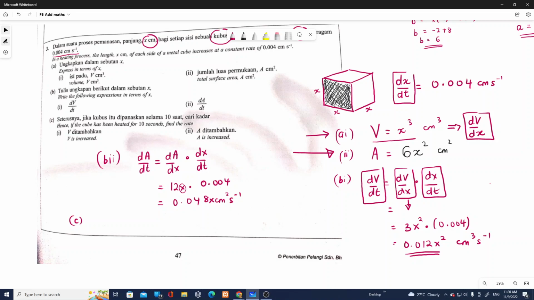Okay, do you know how to do this? For 10 seconds, so t sama dengan 10.